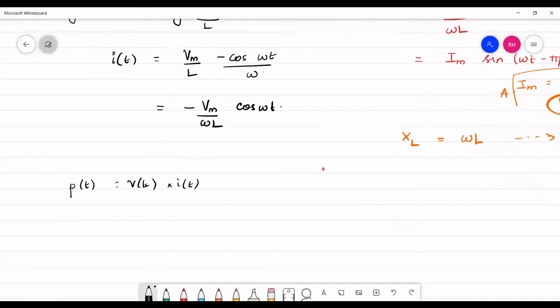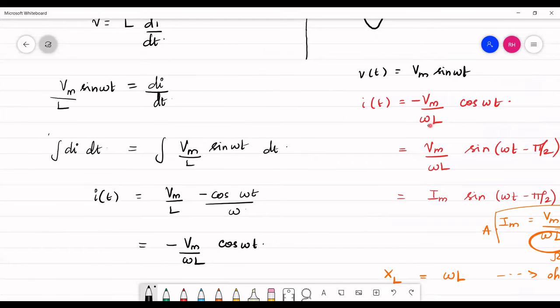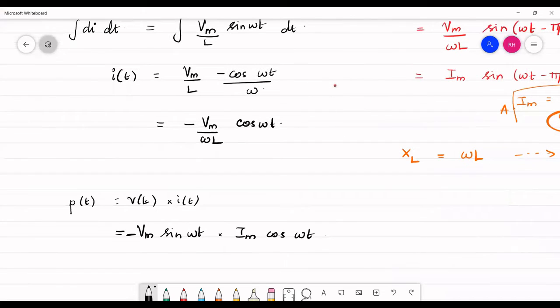Now we substitute the values of V of t as Vm sine omega t and I of t as minus Im cos omega t, where instead of Vm divided by omega L, I write Im.